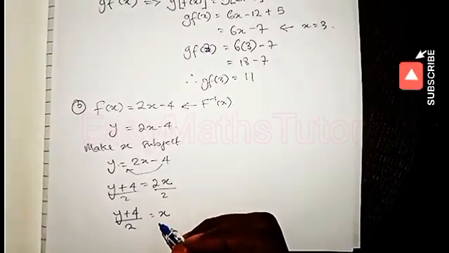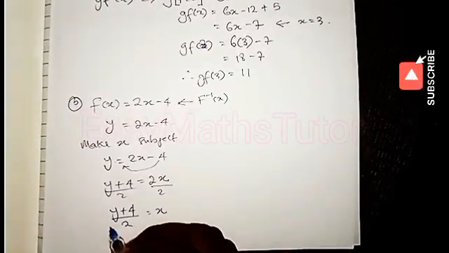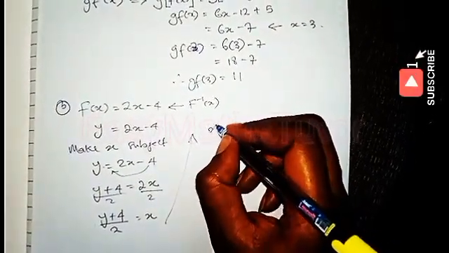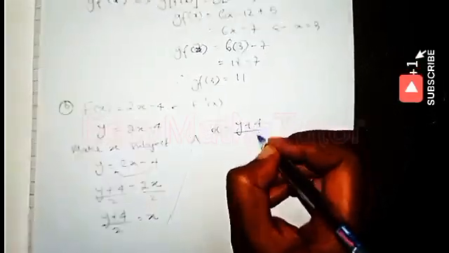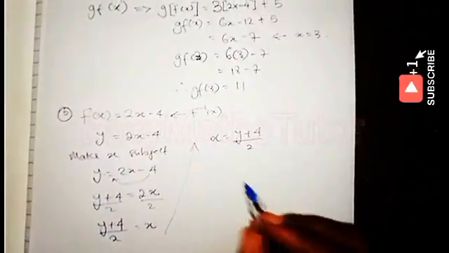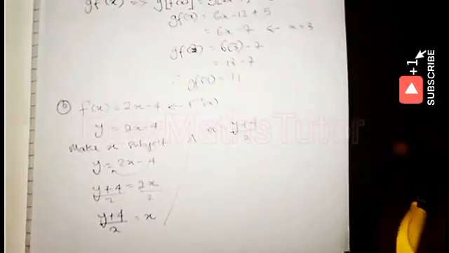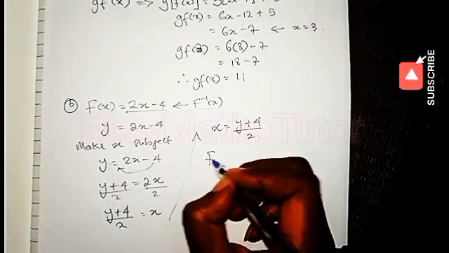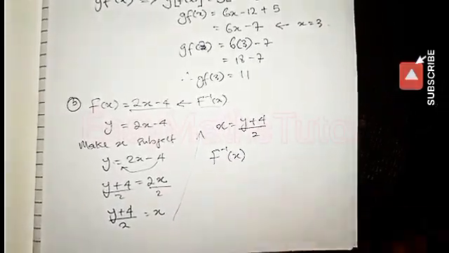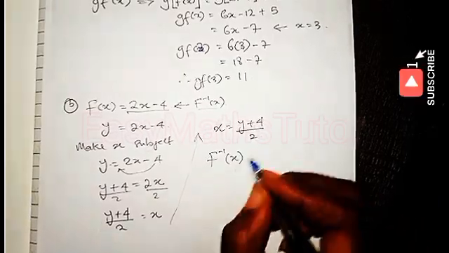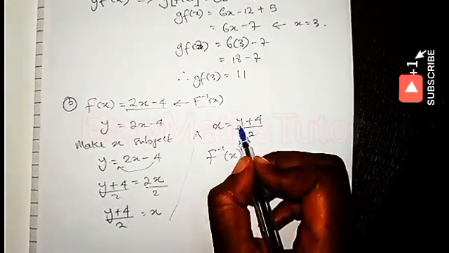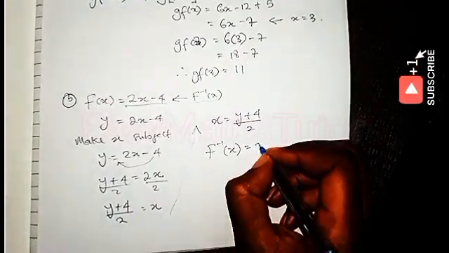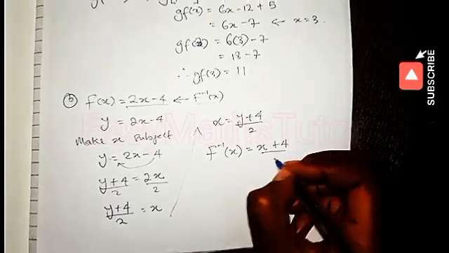So now let's go up here and rewrite it. We'll have x equal to y plus 4 over 2. For us to convert this equation finally into its inverse, we'll write f minus 1, that's f raised to the power minus 1, the inverse of f of x, equal to x plus 4 over 2.